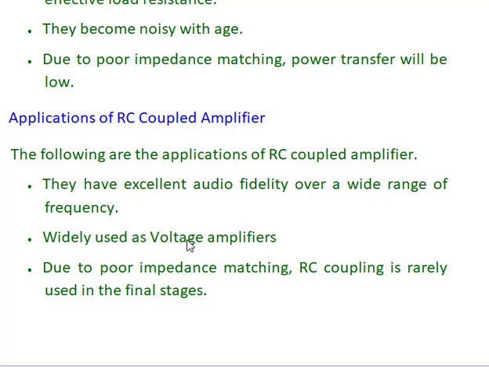They are excellent in audio fidelity for a wide range of input frequencies. That's why it is used as a voltage amplifier. Due to the poor impedance matching, they are rarely used in the final stage amplifier of some other circuits.